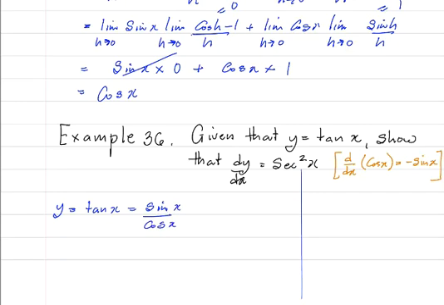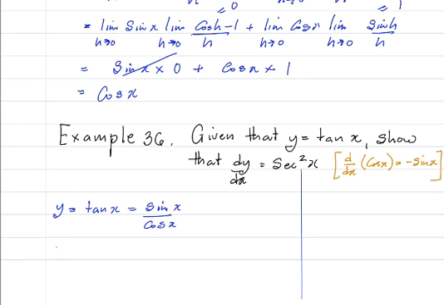All right, so that is a quotient, and in essence, quotient rule says that if y is equal to u over v, where u and v are functions in x, dy by dx would be equal to v du by dx minus u dv by dx all over v squared. So here u is equal to sine x and v is equal to cosine x.